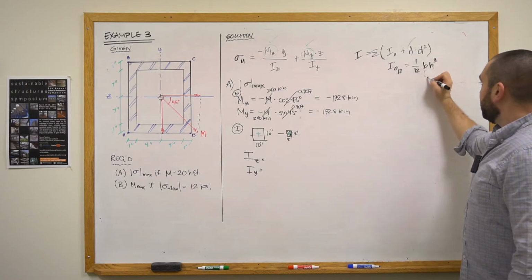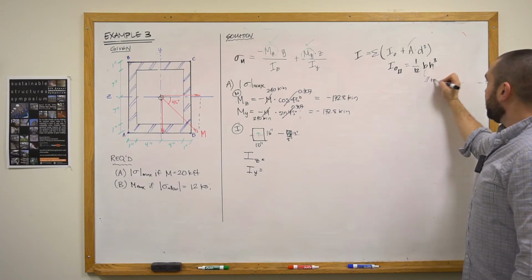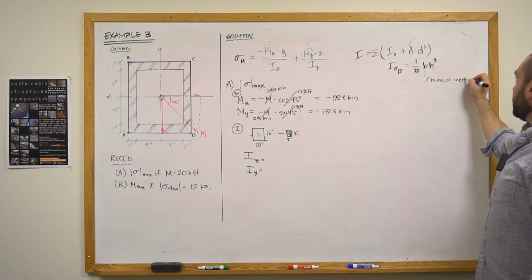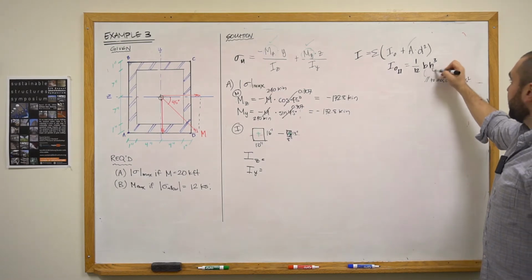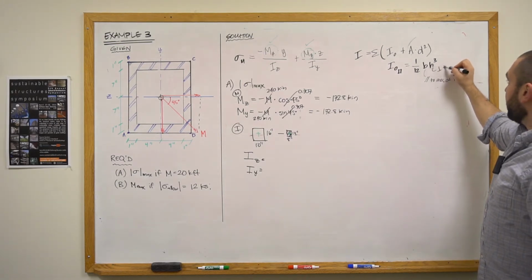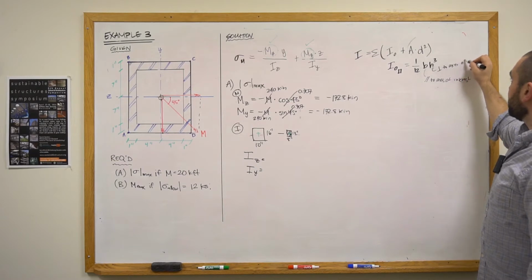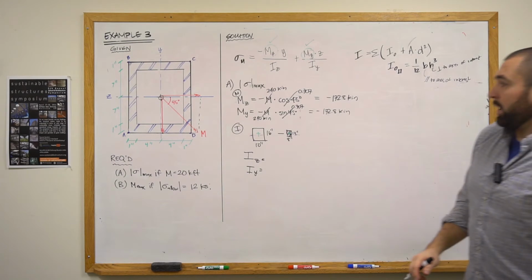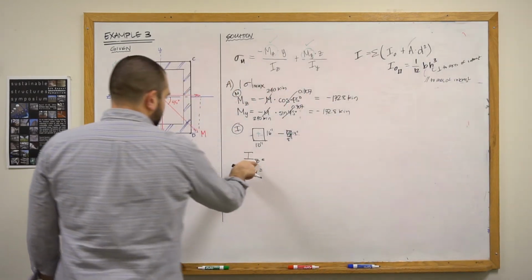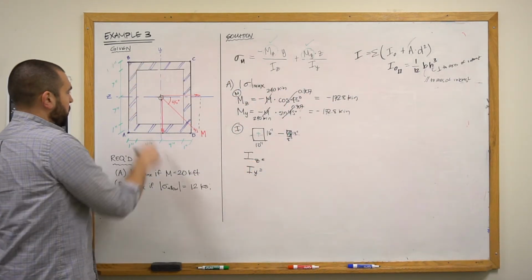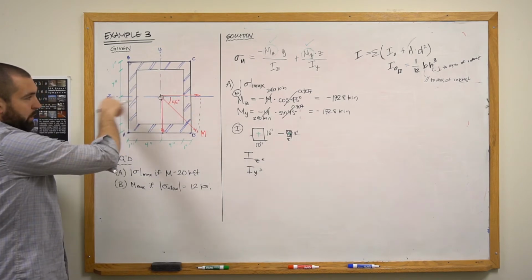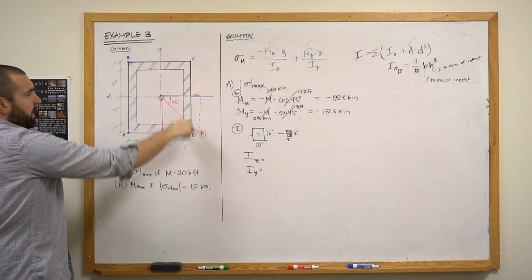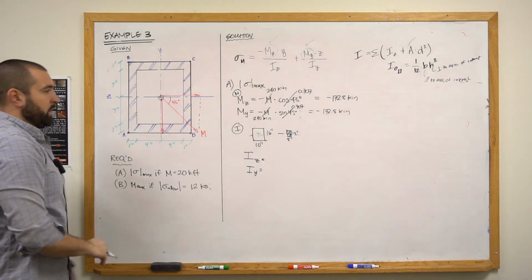The base being parallel to our axis of interest, and the height being perpendicular to our axis of interest. Meaning, when my axis of interest is z, which is this horizontal axis right here, the base is going to be the 10 inches and the height is going to be the 14.